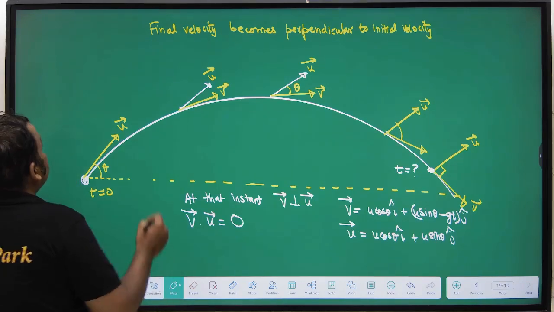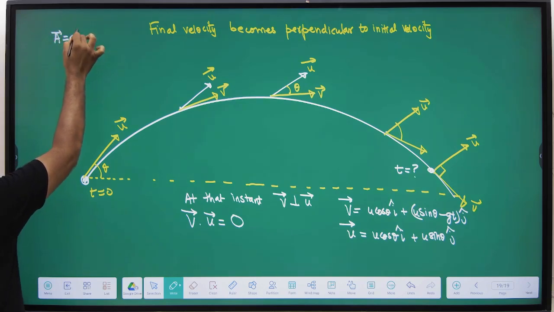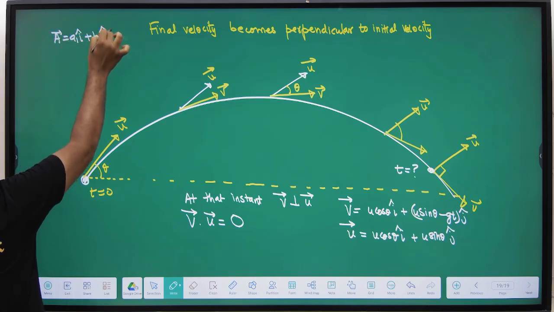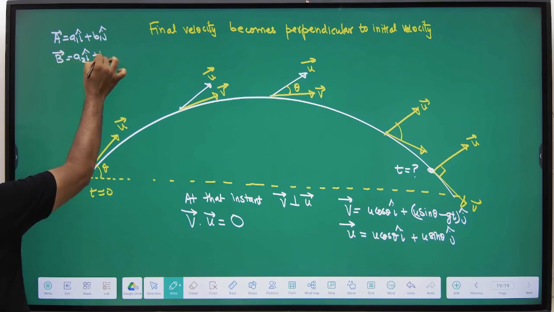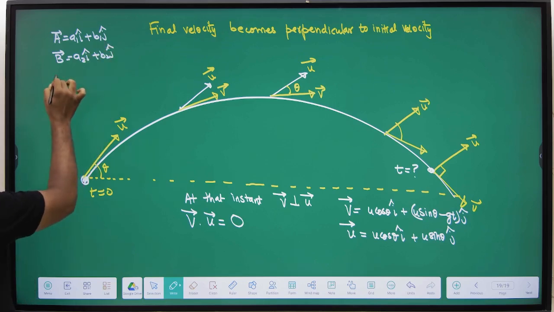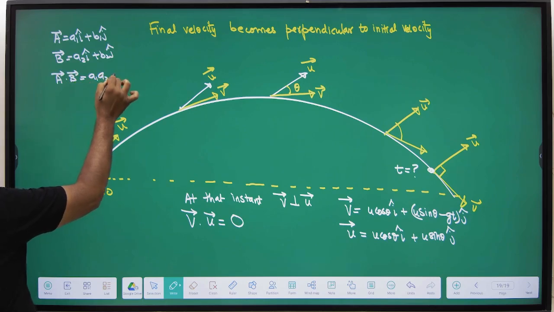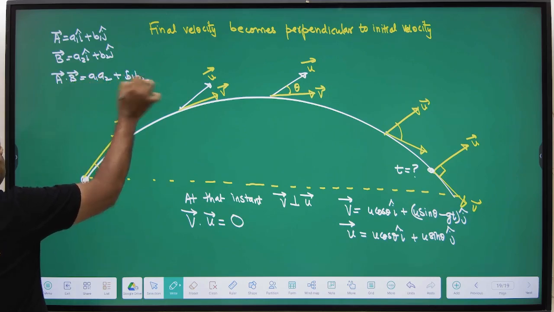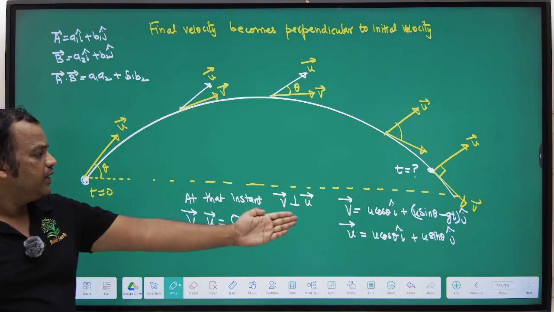So the dot product formula we will use in a vector, we have learned this. If a vector is equal to a1 i cap plus b1 j cap and b vector is equal to a2 i cap plus b2 j cap, then a vector dot b vector is equal to a1 a2 plus b1 b2. So let's use this formula over here.